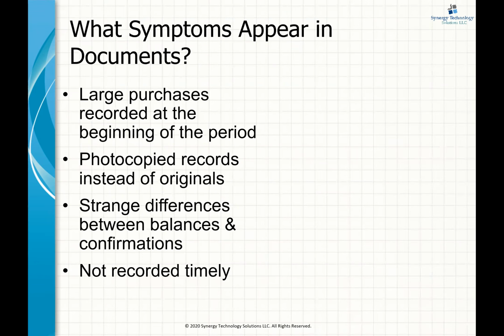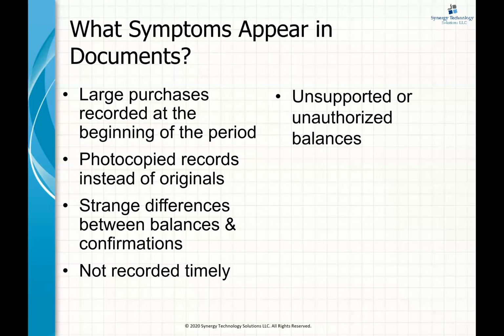Not recorded timely, again manipulating the period, sometimes keeping the period open or moving the transaction to the next month to smooth out the effect. Unsupported or unauthorized balance. So you have an entry that has no support, or if you look for the proper authorization, it is not there. Last minute adjustment.